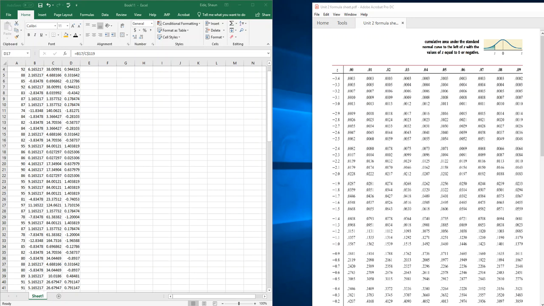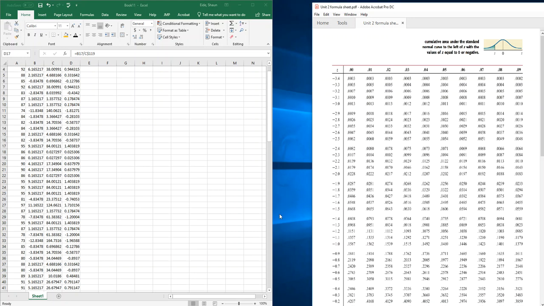Okay, say I want to determine the number of individuals that fall within a certain range. Say I want to look at the probability of an individual being between 1 and 1.25 standard deviations above the mean.